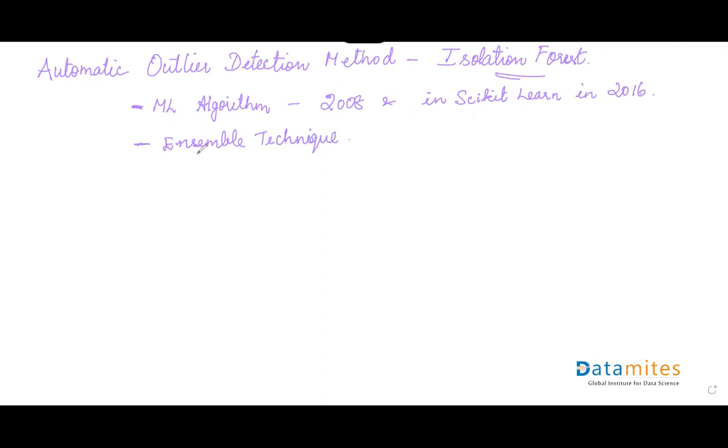I hope you have an idea about ensemble techniques, just like random forest and bagging. In an ensemble technique, it combines multiple models to do the final prediction. Isolation forest is one of the ensemble techniques, and it is just like your random forest.